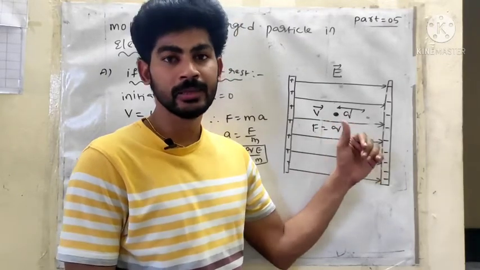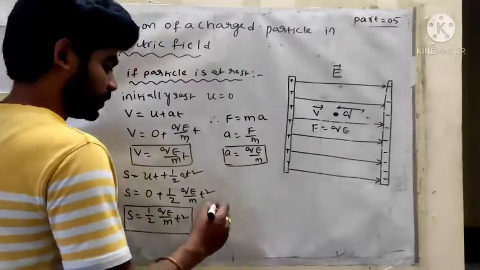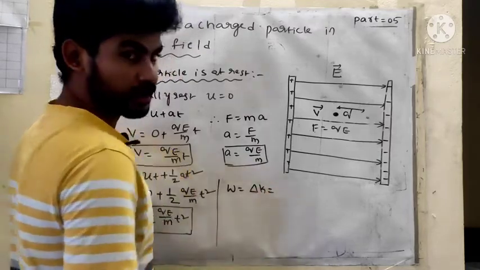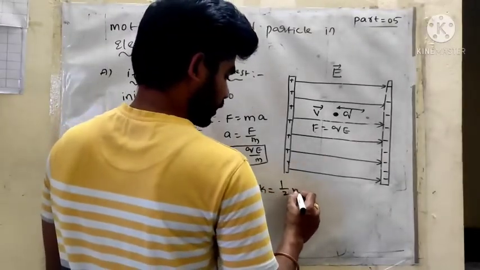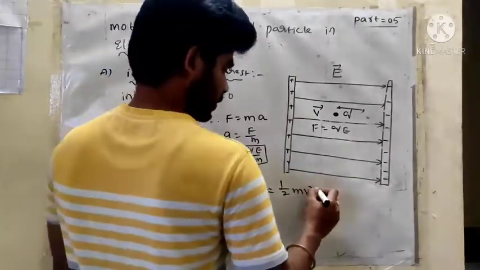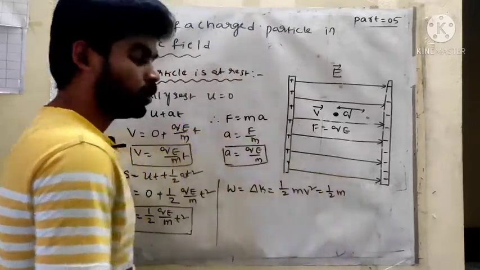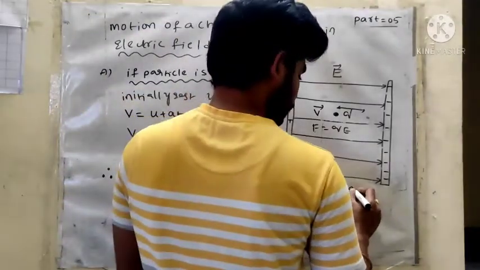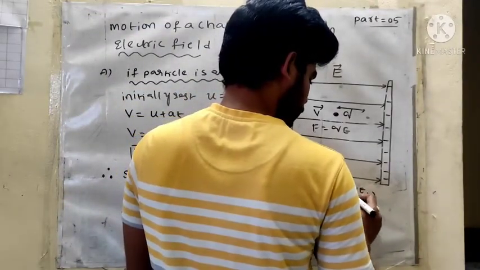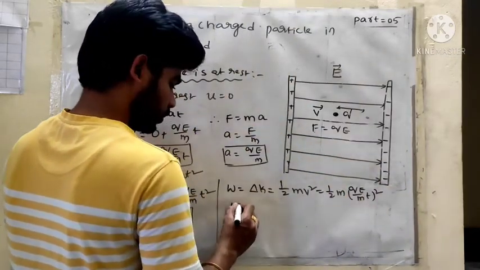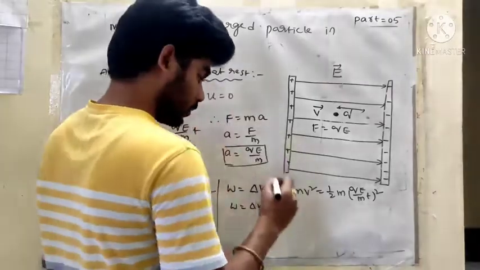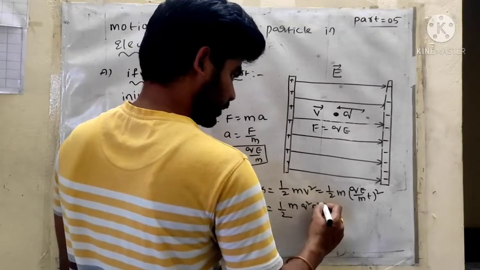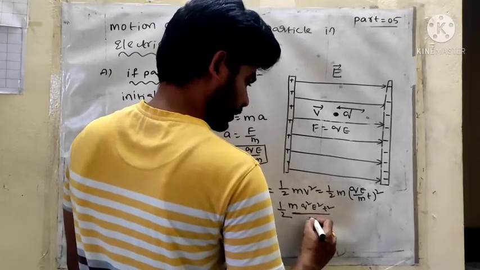Because there is displacement, the work done is equal to the change in kinetic energy, which is half m v square. With v equal to QE by m into t, W is equal to delta K is equal to half into m into q square E square t square by m square.